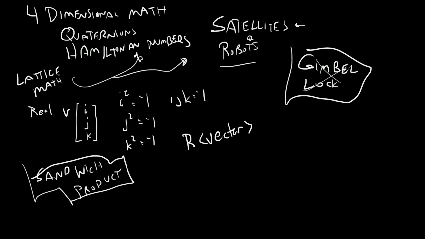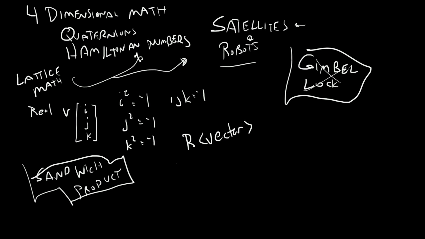And what you're going to be doing is multiplying a quaternion times a point, taking that product and then multiplying it by the conjugate of the quaternion.